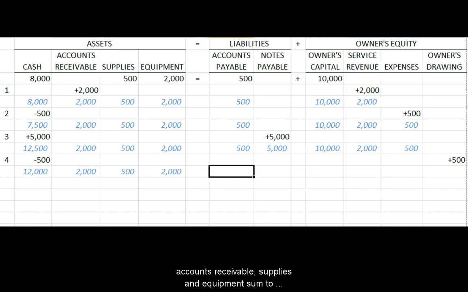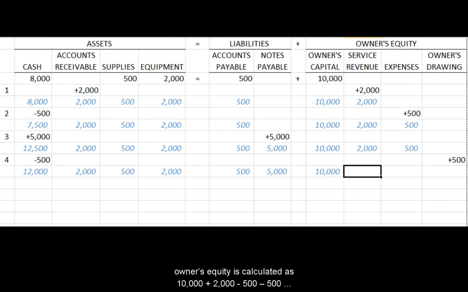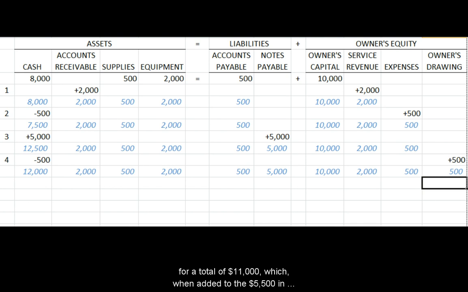Liabilities total $5,500 and owner's equity is calculated as $10,000 plus $2,000 minus $500 minus $500 for a total of $11,000, which when added to the $5,500 in liabilities balances to the $16,500 in assets.